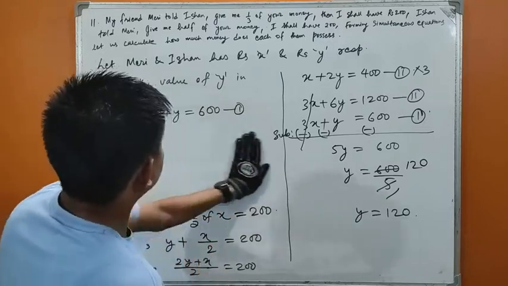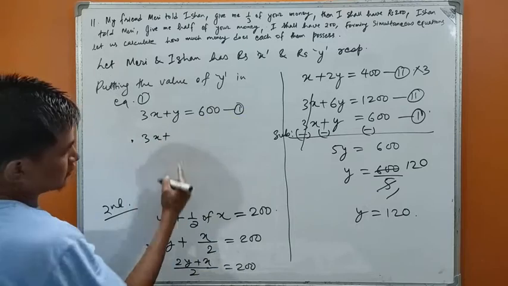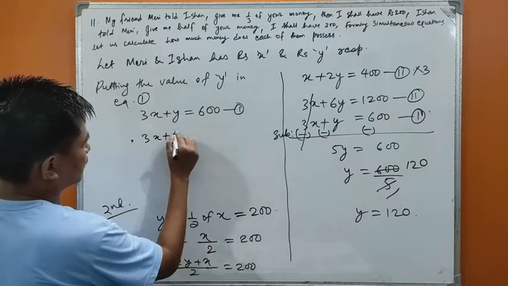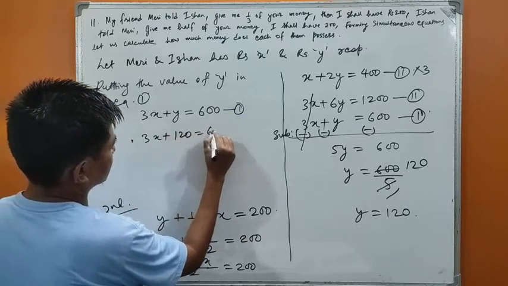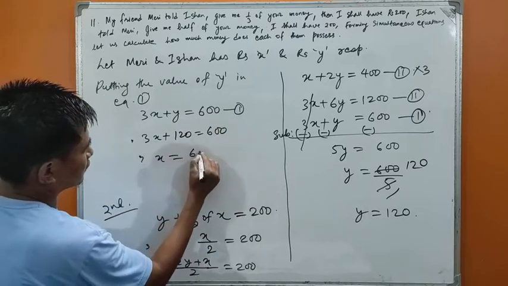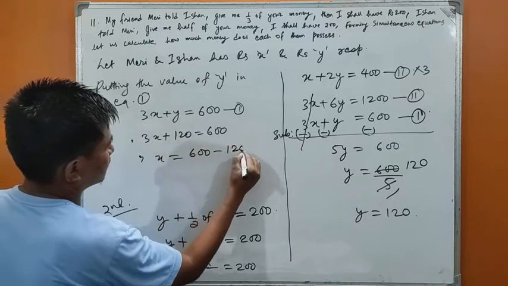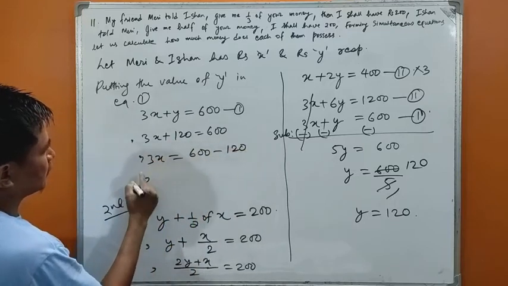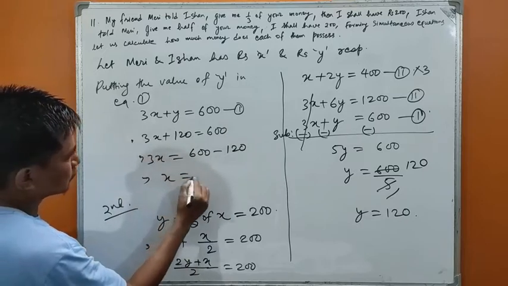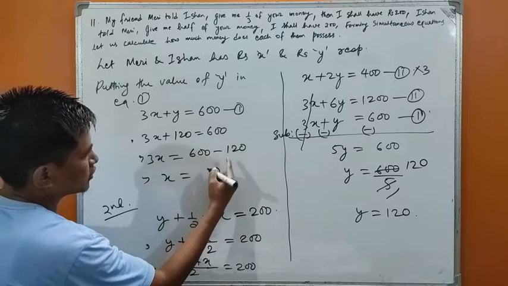So let us put the value of y, so 3x plus 120 equals 600, or 3x equals 600 minus 120. Then plus 120 becomes minus 120. So 3x equals 600 minus 120. 0 minus 0 is 0. 10 minus 2 is 8.